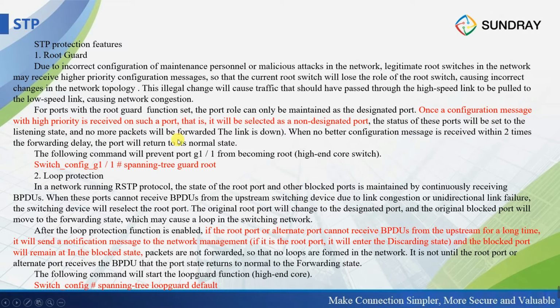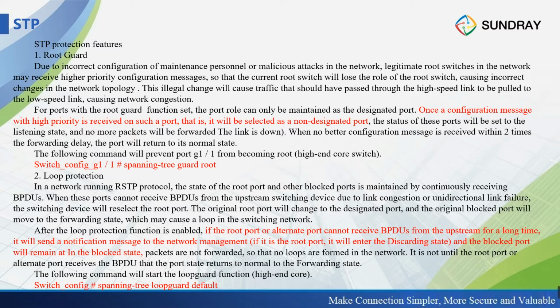And then there is loop detection, loop protection. Why do we have loop protection? Because we know that networks usually have congestion. Spanning tree is based on BPDUs, and we send the hello packet. If this hello packet is sent to the network and, for more than its waiting time, we haven't received a reply, it will consider the port to be blocked, so the original blocked port may become open.